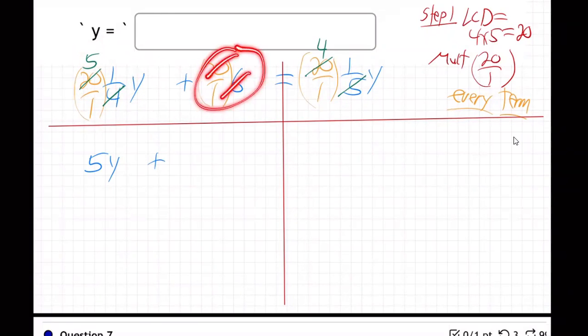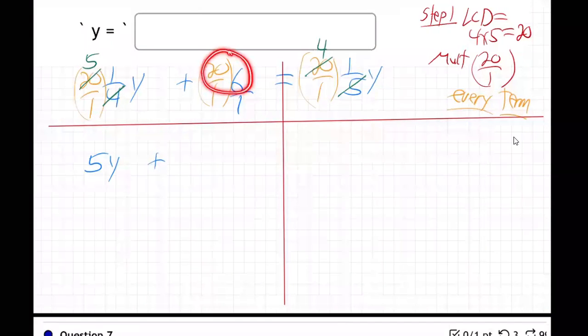Now what happens here? 6 doesn't go into 20. No, it doesn't. It never meant to. It's 6 over 1, isn't it? Remember, again, that 6 is not a denominator. He's not under a bar. He's not going to cancel into 20. You only cancel stuff from the bottom to the top. Cross cancel, diagonal cancel. These guys are going to multiply.